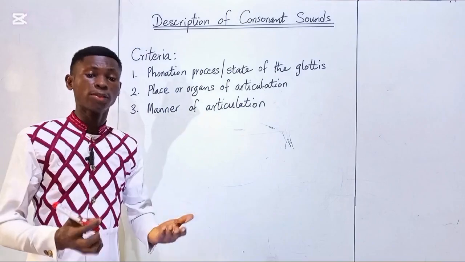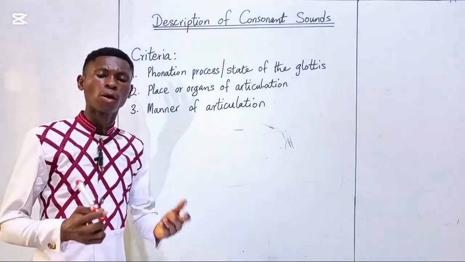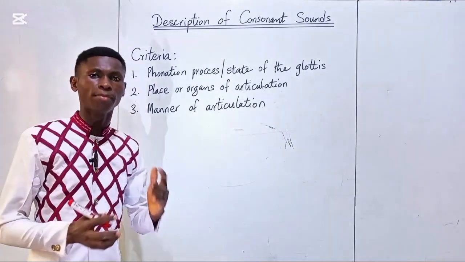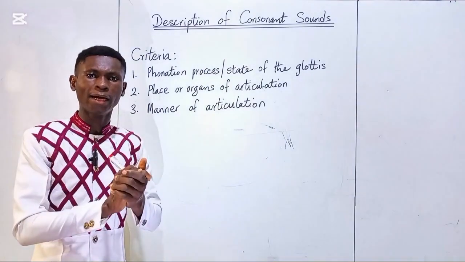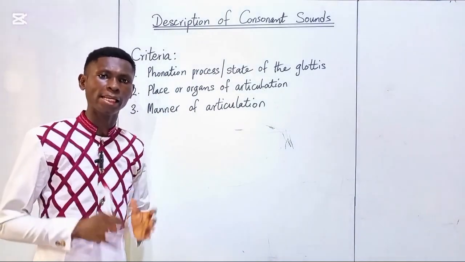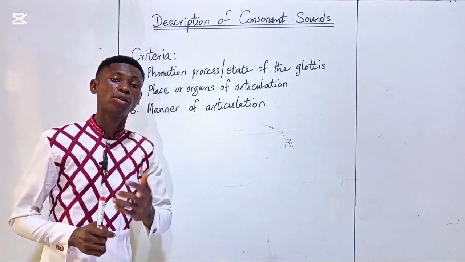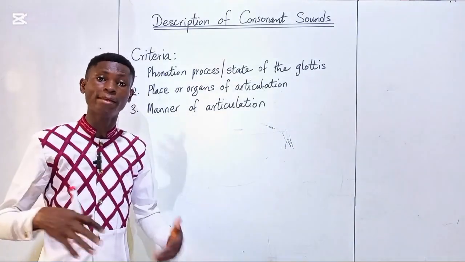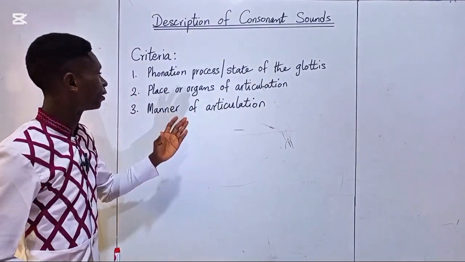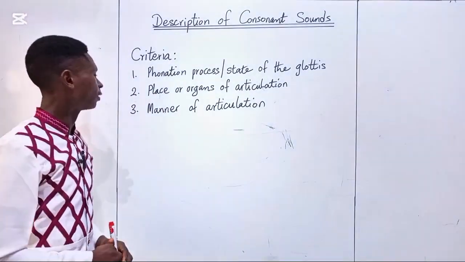And when you want to talk about manner of articulation of the sound, you will call it nasal. You describe it as nasal in the sense that the two lips will come together, collide together and block the flow of air completely from passing through the mouth, and the air will find its way out through the nose. So that's the manner of articulation of that sound. And manner of articulation is a third criterion in the description of consonant sound.